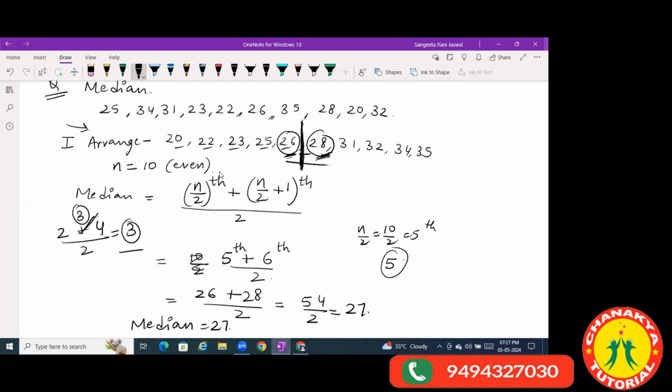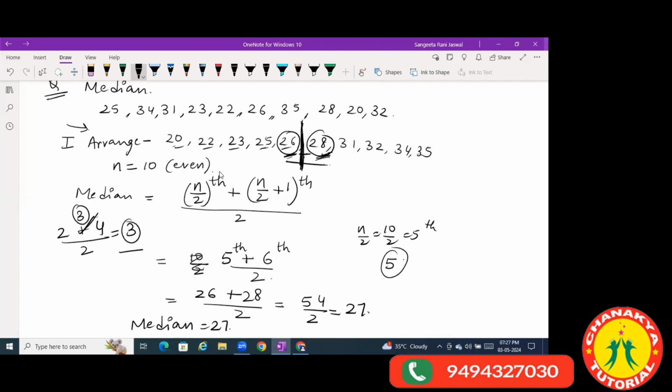This was the list of numbers. These numbers were all given randomly: 20, 22, 23, 25, 27, 26, 28. So there were many numbers missing in the middle. That does not make any difference. The median has to be the value whatever comes. It's not our choice that 27 is not in the list, so we will not take it.